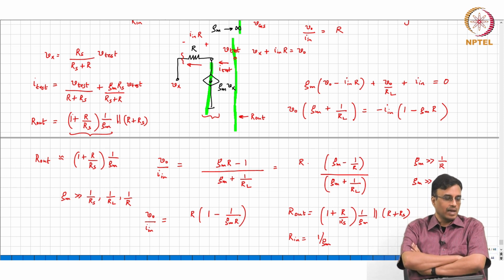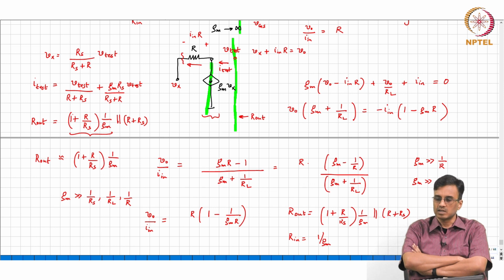Right, the source has an output resistance of Rs, and if you want to make sure that this behaves like a good current controlled voltage source, the input resistance must be much smaller than that of the source.